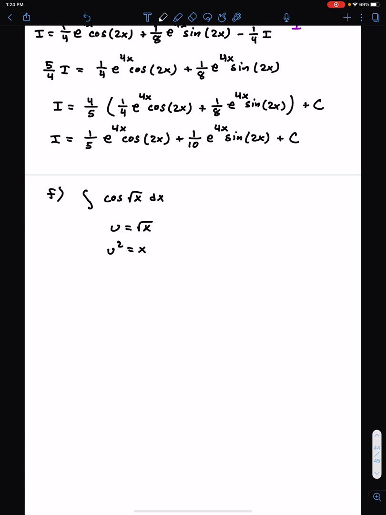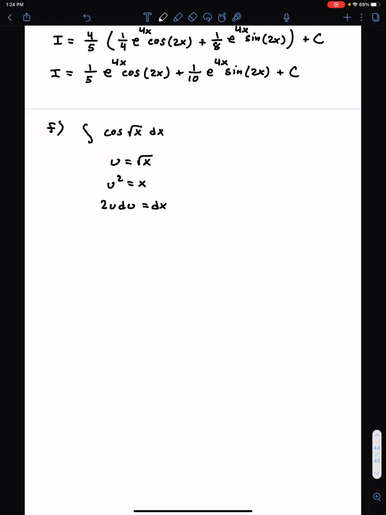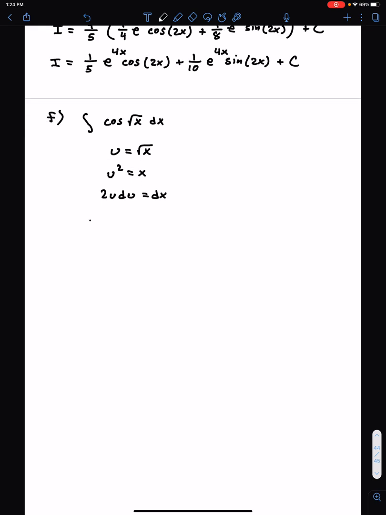So u squared is x. So 2u du is equal to dx. So if I replace everything in terms of u's, the integral will turn into cosine of u, and dx is 2u du.